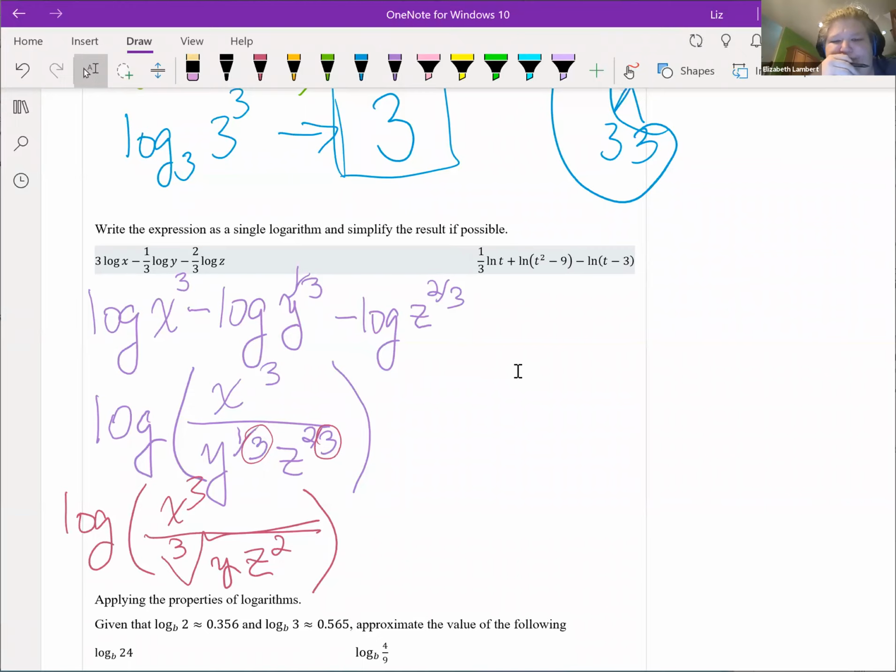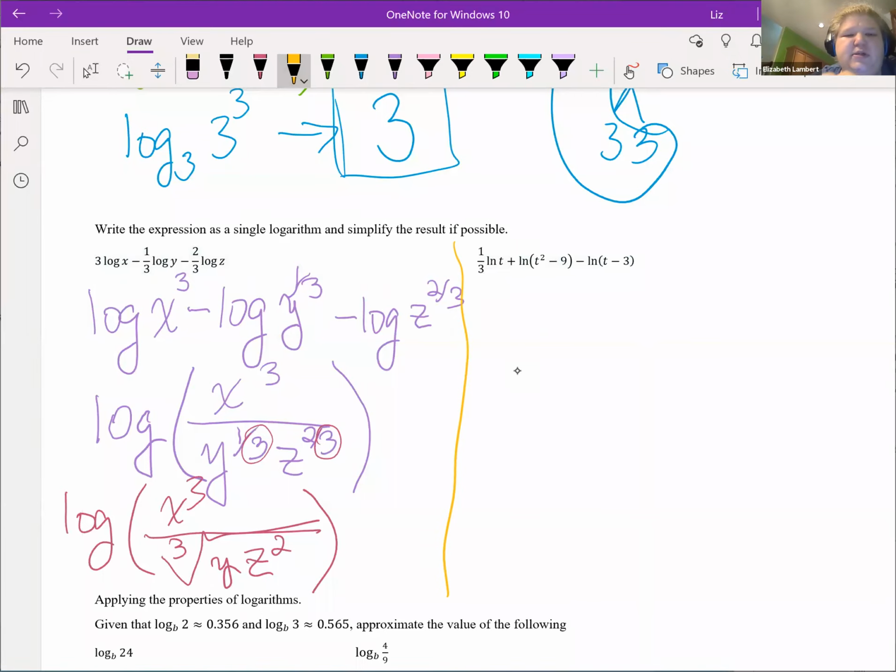All right. And now I have natural logs and t's. And numbers. Numbers everywhere. So first step is power back up. I only have one coefficient, the 1/3. But still, that is our first step.